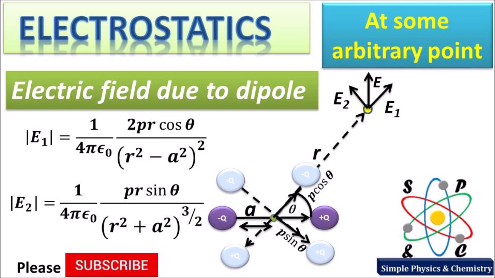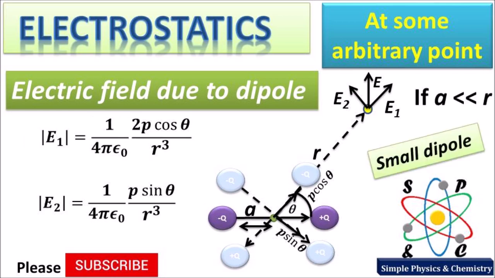Now if we add these two to get the total field, it will be very difficult to calculate, because one part has r square minus a square and the other has r square plus a square in the denominator, and they have different powers also. So we can simplify the equation by assuming that the length of the dipole is very small compared to the field point, so that we can take the approximation r is much greater than a.